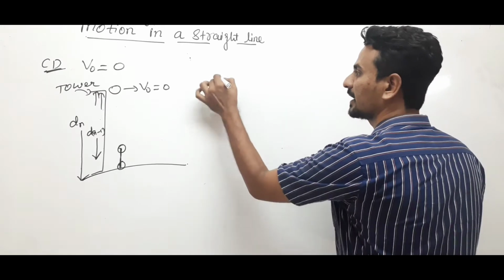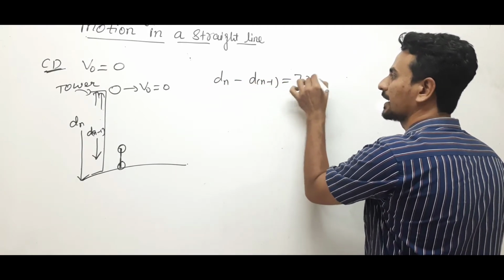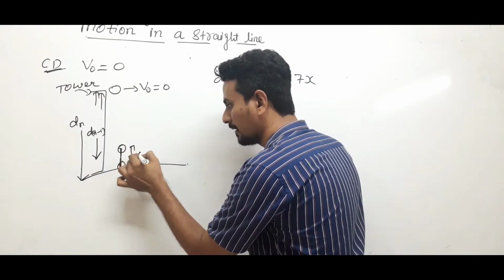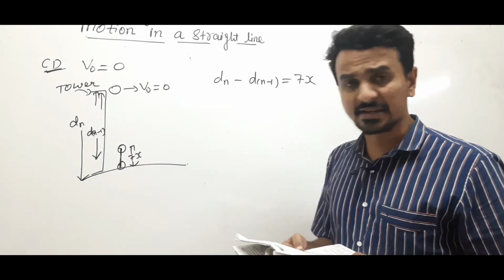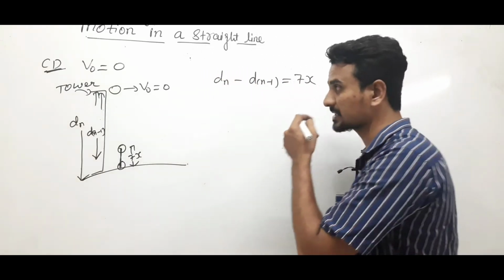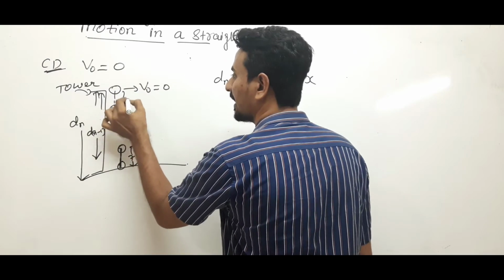That means we are given d(n-1) equals 7x. Also, it covers a distance x in the first second. Distance covered by the body in the first second, let it be x.